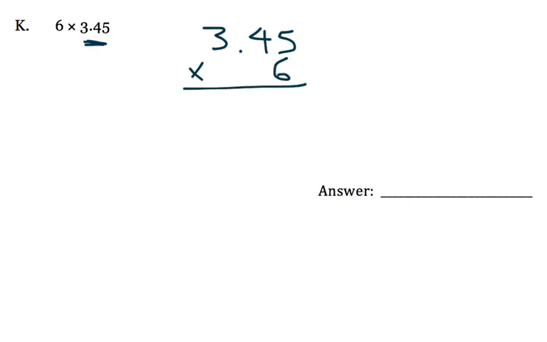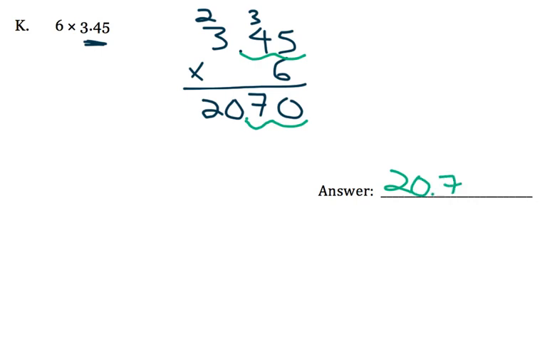And then we just need to multiply this out. 6 times 5 is 30. 6 times 4 is 24. 25, 26, 27. 6 times 3 is 18, 19, 20. I got two numbers after the decimal place, so I'm going to get an answer of 20 and 70 hundredths.